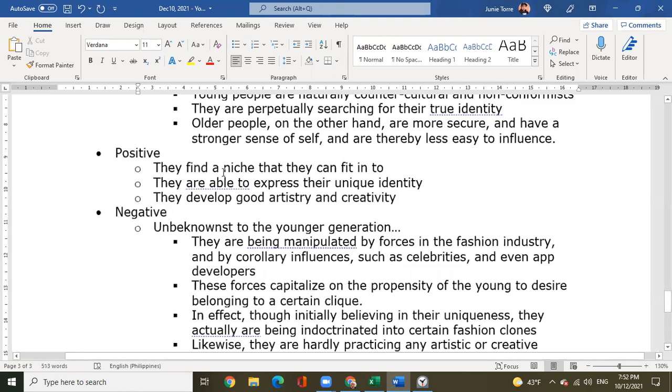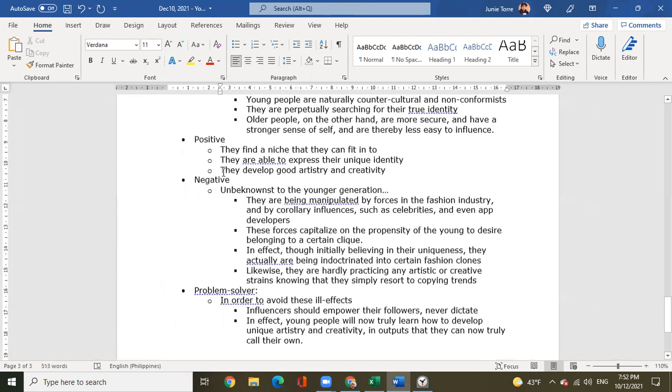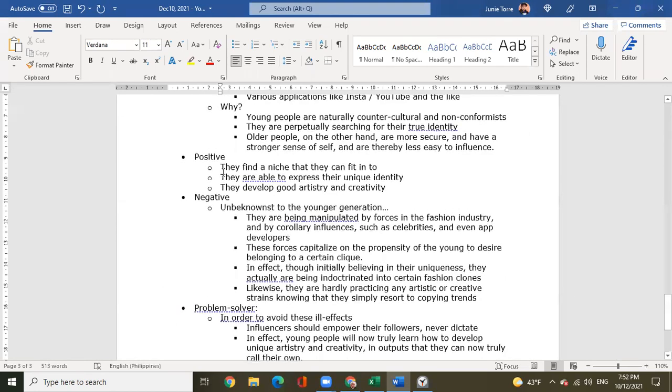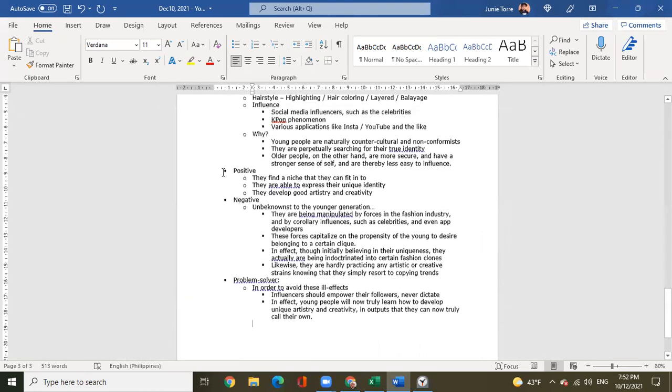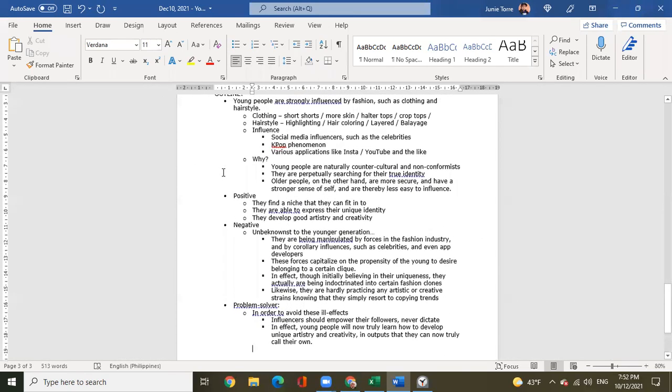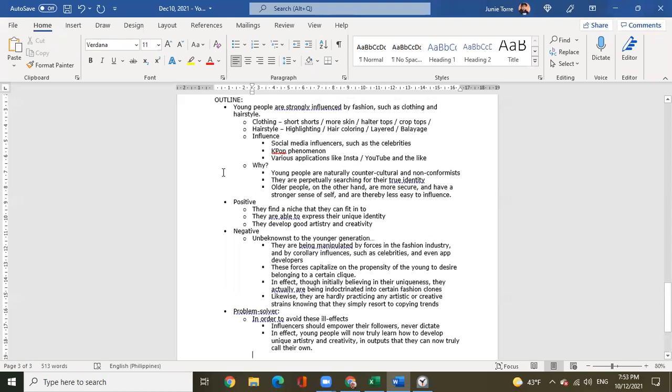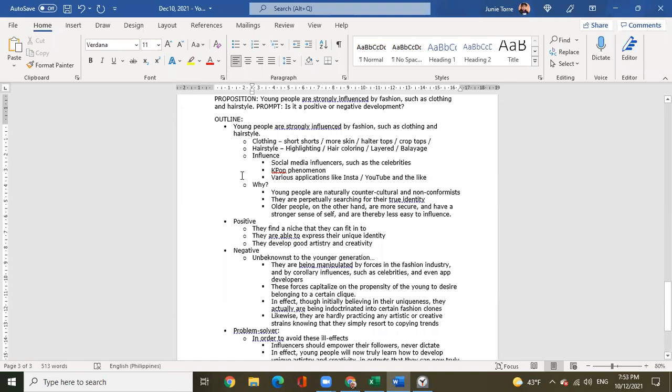So let's now put all of that into writing. See, so we now have the outline. So all we gotta do is to copy paste there. So let's now make this essay. Wait, I will begin with the introduction.